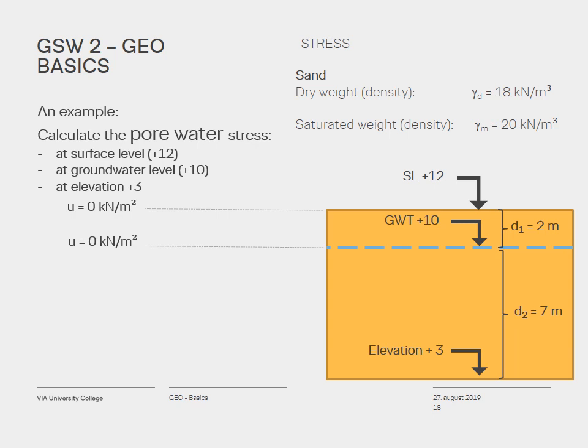At elevation plus 3, we are at a depth of 7 meters below the groundwater table, so we calculate the pore water stress by taking the density of water, multiplying it with distance d2. Normally we assume the density of water to be 10 kilonewton per cubic meter. So the pore water stress U is 70 kilonewton per square meter at this depth. Again, we could draw the stress as a triangle.